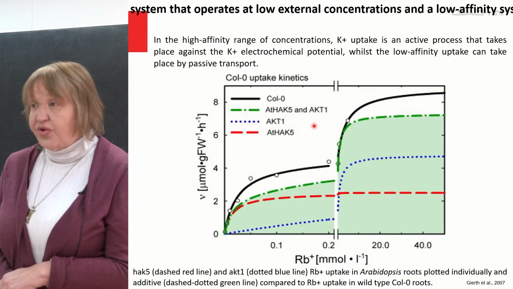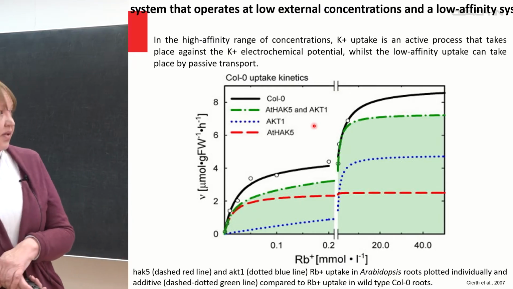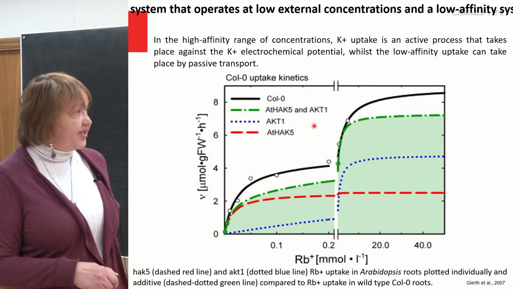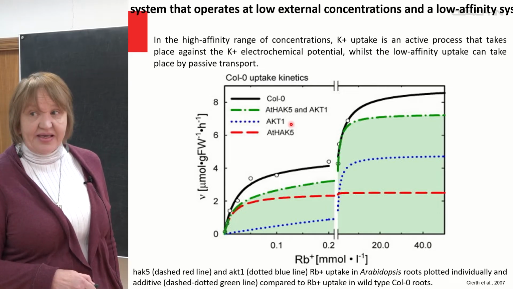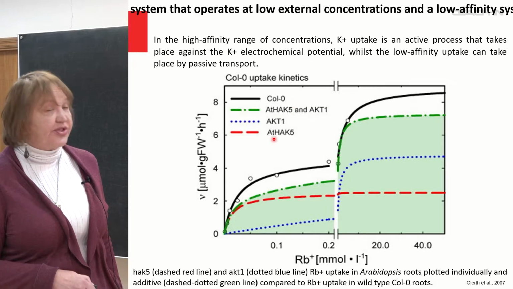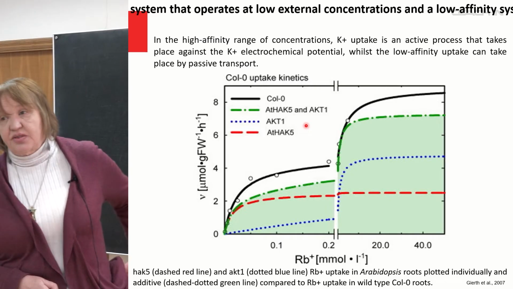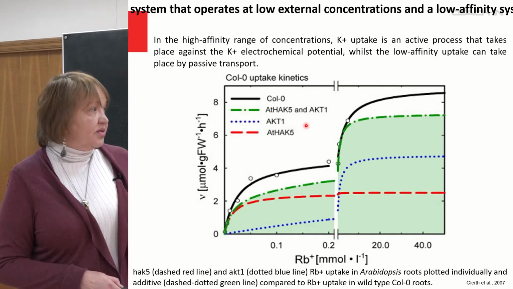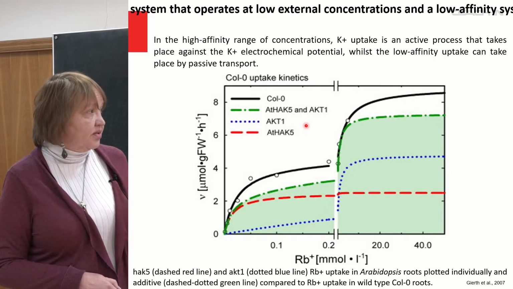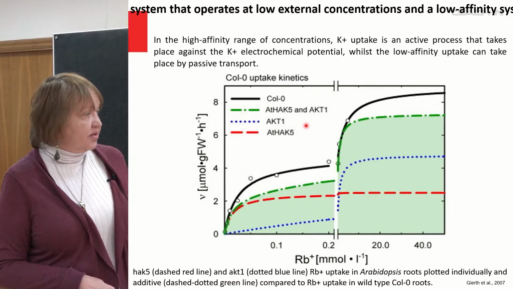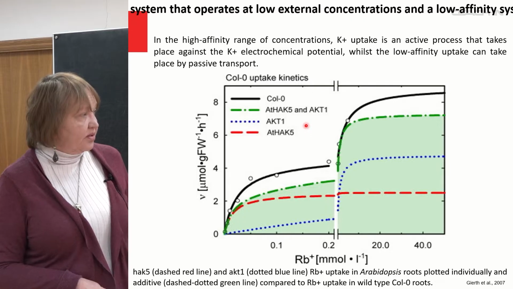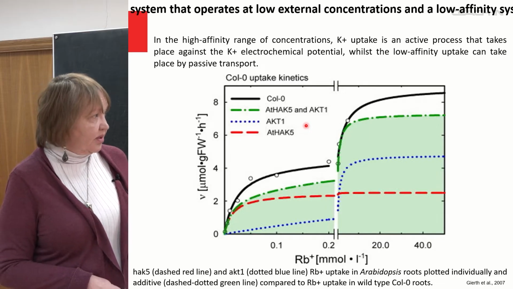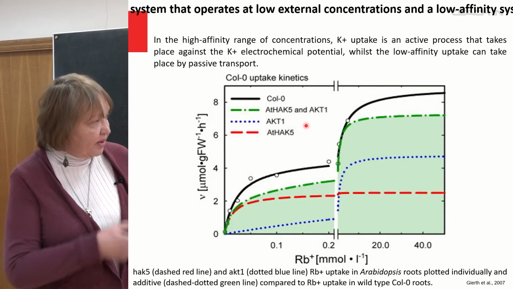So, what do you think? Do you understand what I'm saying? These are mutants, right? They are lacking these particular transporters. I think that the AKT1 mutant is a high affinity mutant because in the interval of low concentrations we see practically no transport of rubidium through it.